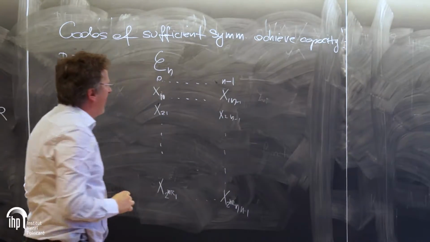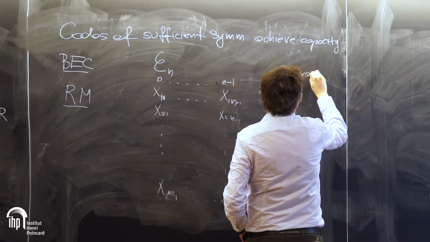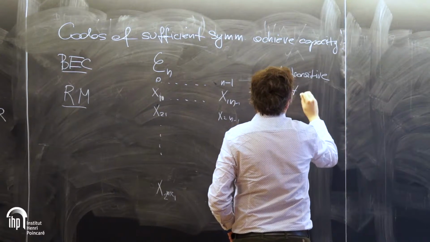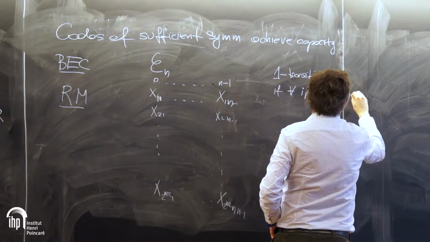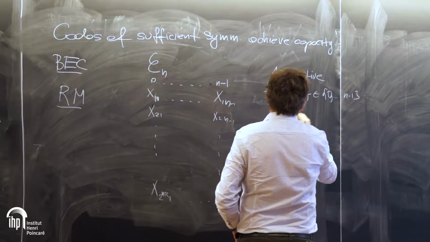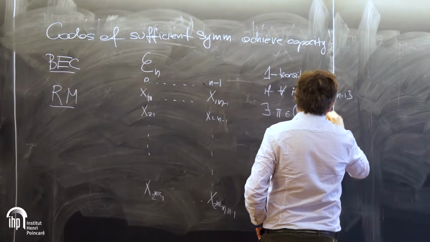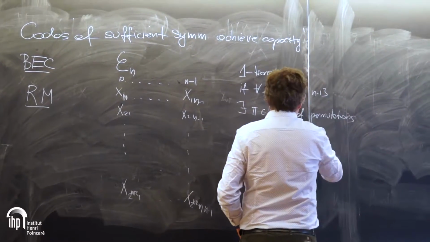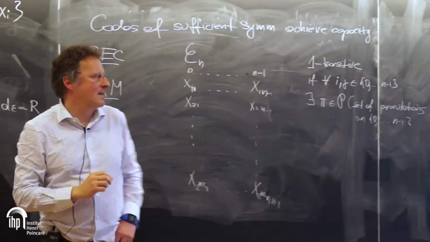And so I will say that a code is one transitive if for all i and j in 0 up to n minus 1, there exists a permutation, in the set of permutations on 0 up to n minus 1, such that the following is true.